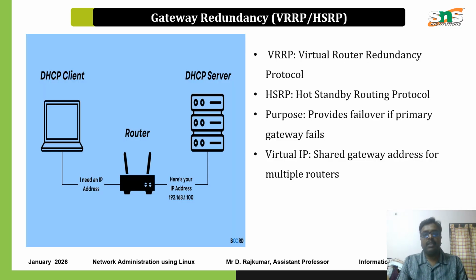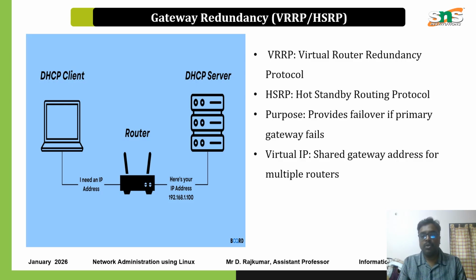Next is gateway redundancy. Here we will be using VRRP or HSRP. VRRP stands for Virtual Router Redundancy Protocol. HSRP stands for Hot Standby Router Protocol. The purpose of VRRP and HSRP is to provide failover if the primary or permanent gateway fails.